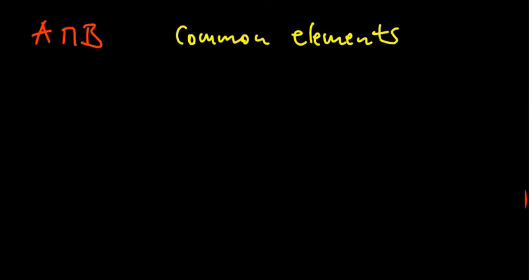So if you have set A and set B, and you've been given the elements, if they ask you to find the intersection, you're looking at the common elements. As we saw from the previous example, 2 was a common element. So that would make up the intersection of a set.